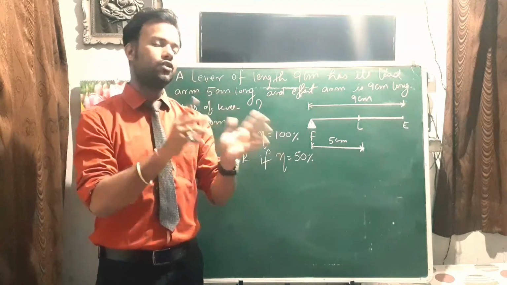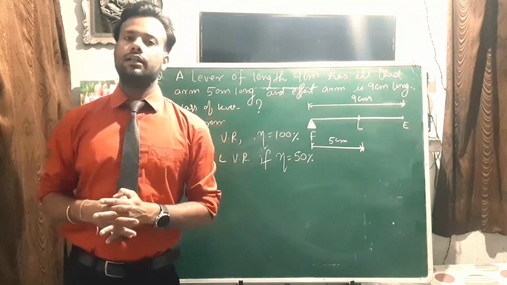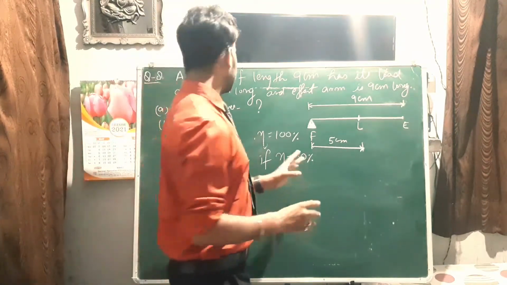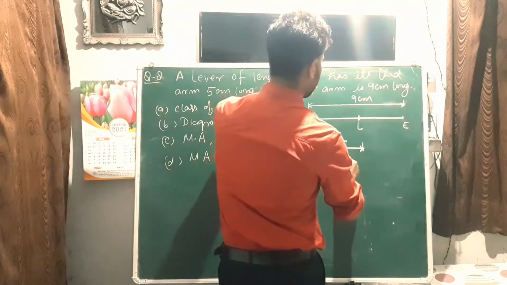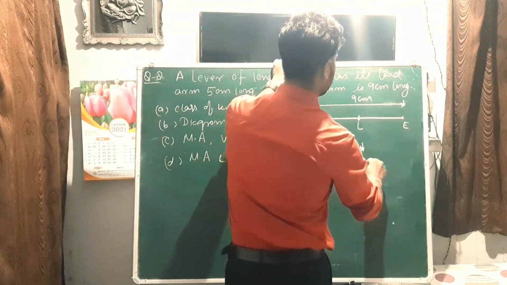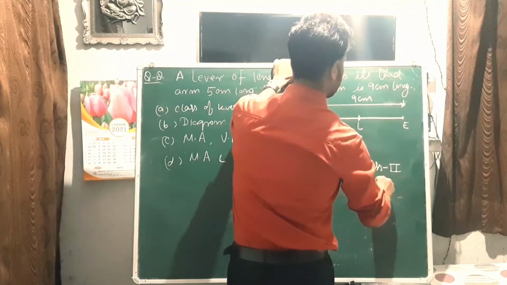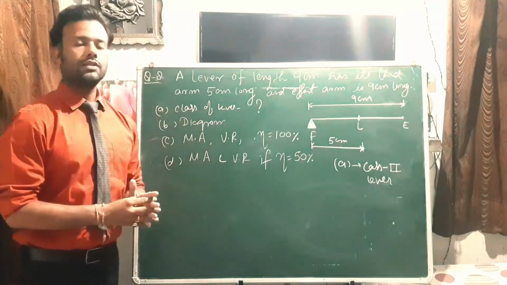R means resistance or load. If the load is in the middle, that means this is from the second class of lever. So the answer of the first part, that is A, is nothing but class 2 lever. Alright, this belongs to the class 2 lever.